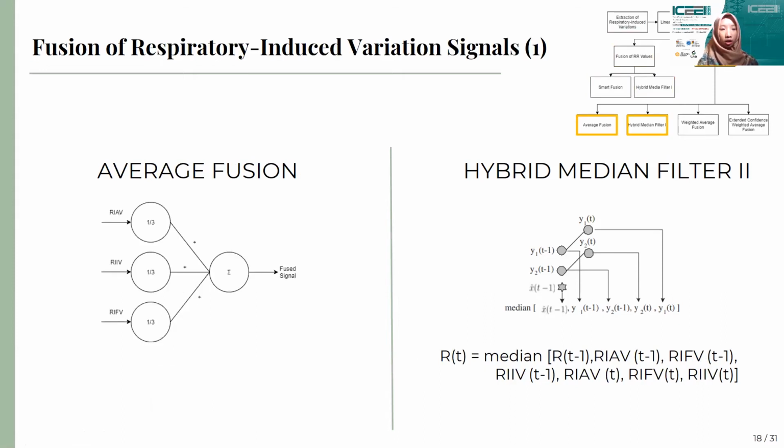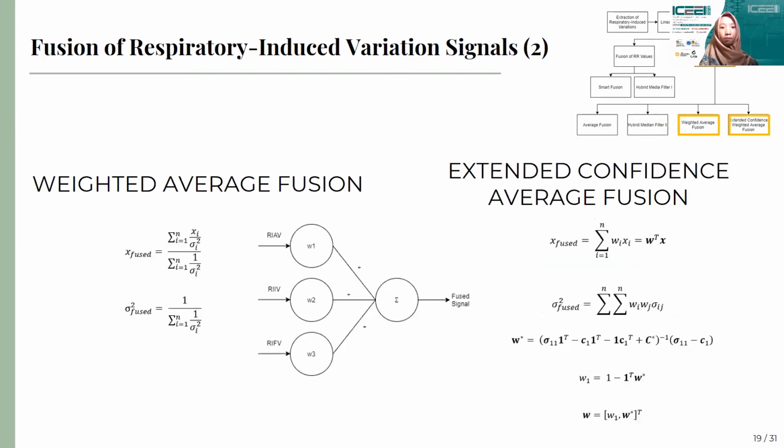As the comparison, we use the method using fusion of the respiratory-induced variation signal. The first method is average fusion. It fuses the signal by calculating the average of the three respiratory-induced variation signals. The hybrid median filter here is the same as before. The only difference is in the input and the output, which here is the respiratory signal.